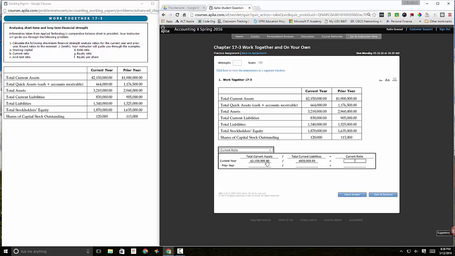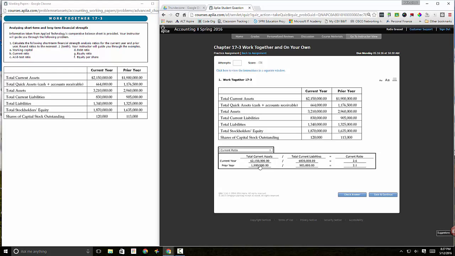When I do that, again, we need to have it to the nearest tenth, so that gives us a ratio of 2.6. Prior year, we had $1,900,000 and total current liabilities of $905,000. So here we have 2.1 for our current ratio.